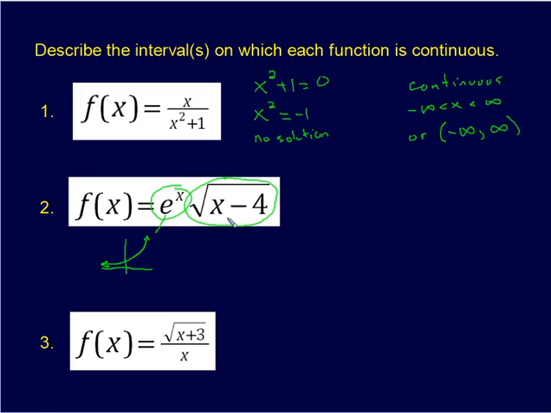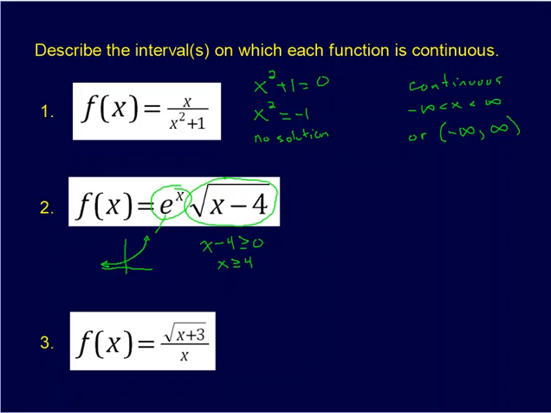However, this one is a square root, and we remember that what we have under the square root has to have a certain property to it, otherwise we cannot evaluate it, and that is what's under here must be positive or it must be 0. So we could express that by saying x minus 4 has to be greater than or equal to 0, and by closer inspection, it is saying that x must be 4 or bigger.